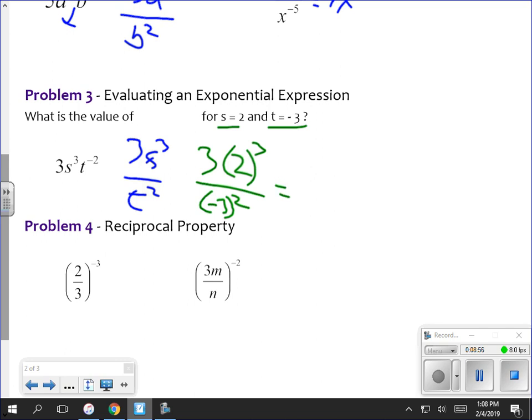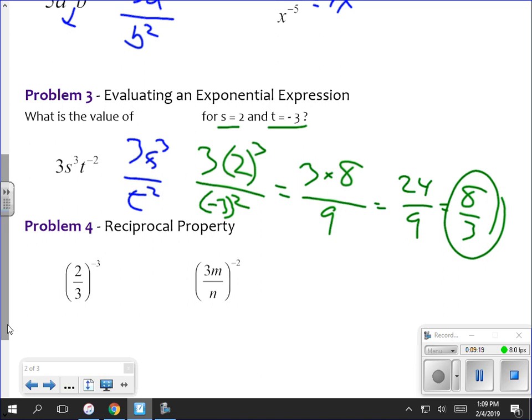So this is 3 times 8, and I take negative 3 times itself. That gives me 9. So I end up with 24 over 9, and then we always reduce if we can. They're both divisible by 3, and I get 8/3 for my answer.